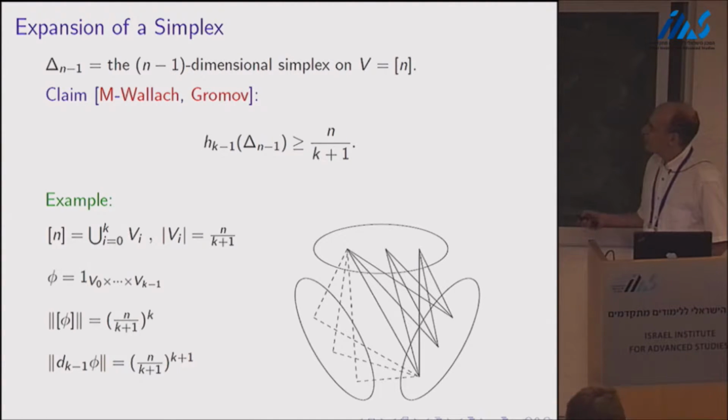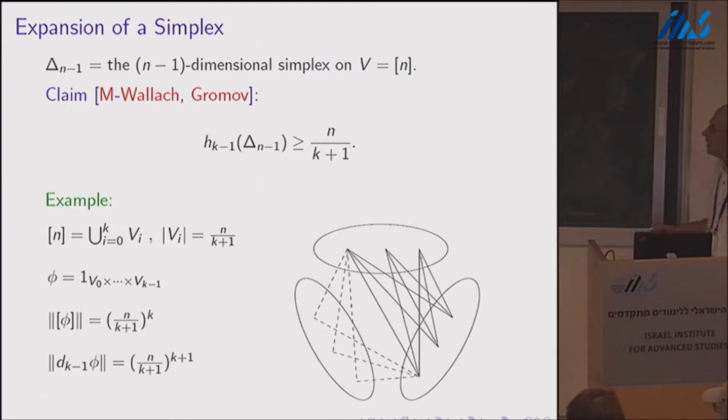And so we have the same conclusion here, and we can see that in general it is tight. So if we take k to be equal to 1 here, so n is 2, we take this example, we divide the vertex set into three equal parts, and we take the one-cochain to be 1 on all these edges.